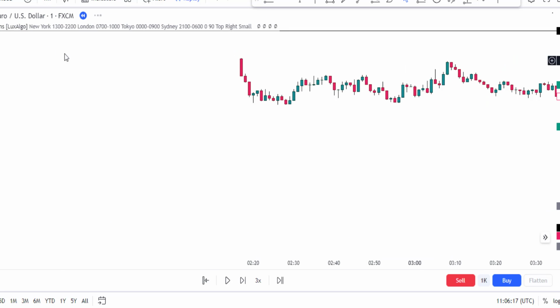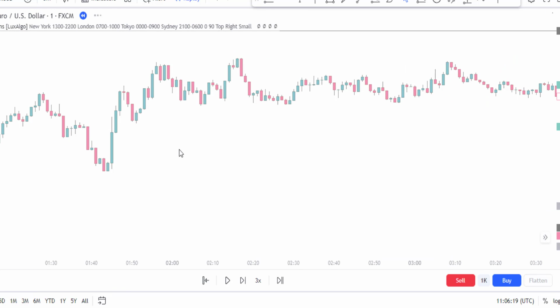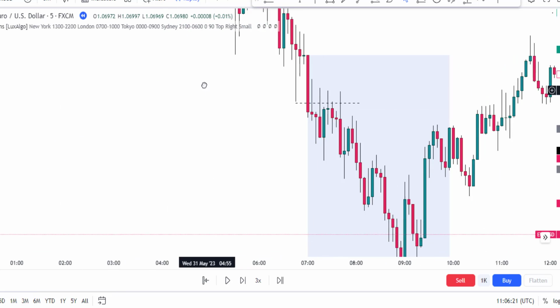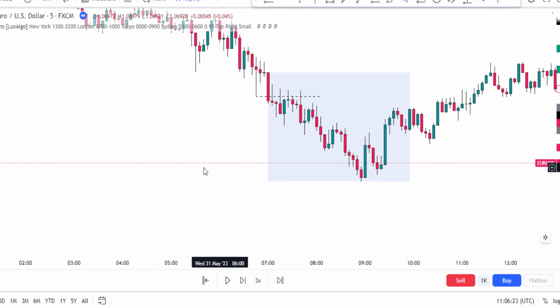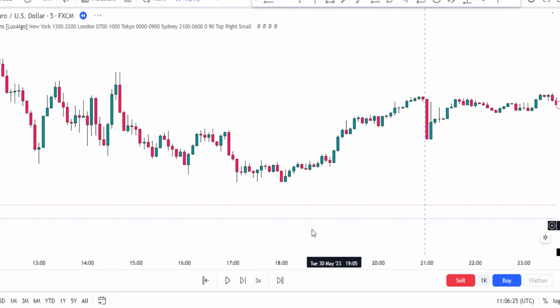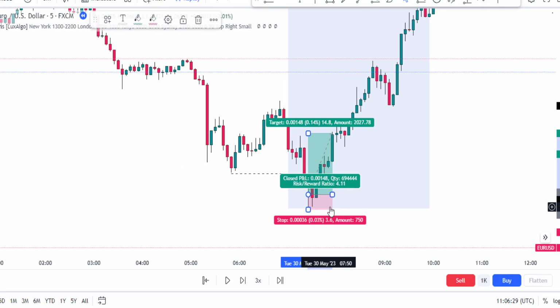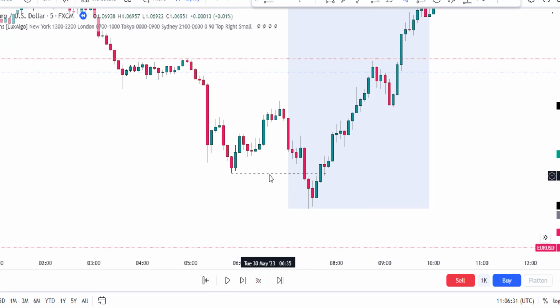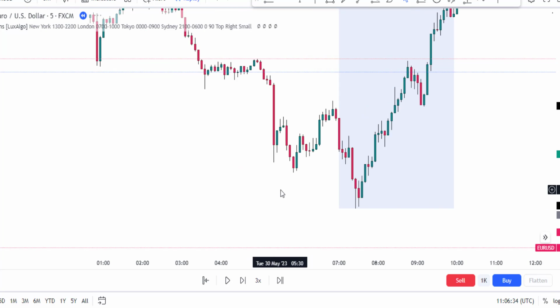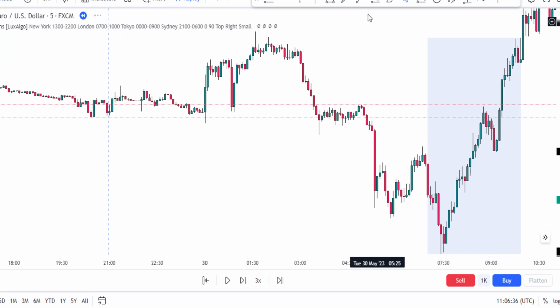Let's see if we can see another example that I can show you for the last time before we go for another video. I'm going to teach you a lot of strategies, guys, that you can use for trading. Okay, let's see this. I can see this area, still the 5 minute time frame. We're going to look at it from this perspective.